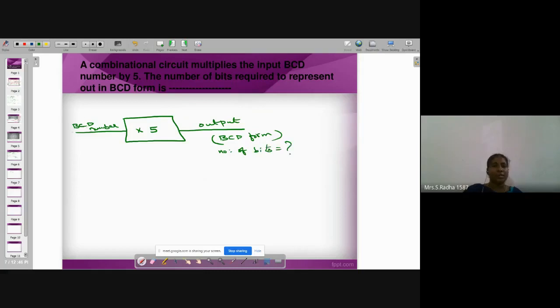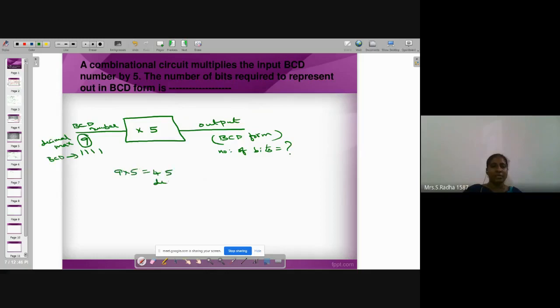So the maximum BCD digit is 9, isn't it? Maximum decimal digit is 9, which you can represent in BCD using 4 bits, that is 4 ones. Now, if you multiply this 9 with 5, 9 into 5 is 45.